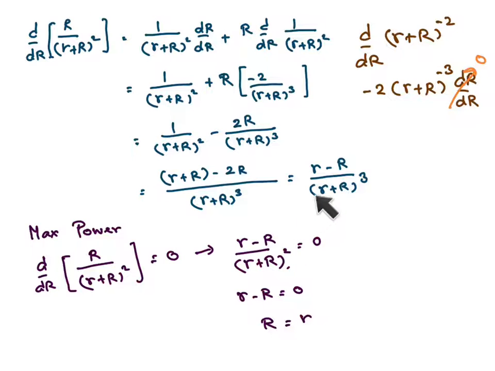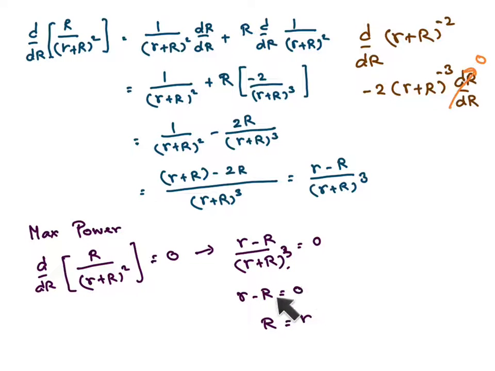We know r and capital R are not 0, because we have the internal resistance and the external resistance in the circuit. So (r plus R) cubed is not 0. If we take it to the right-hand side, it multiplies 0 and becomes 0. So what we must have is r minus R equal to 0, since the other term is certainly not 0.